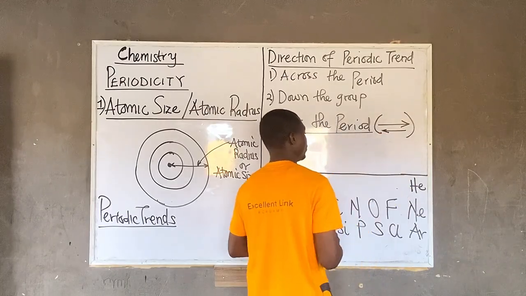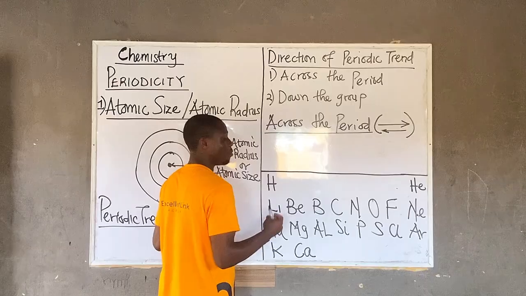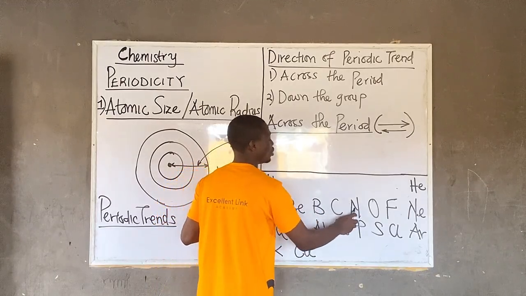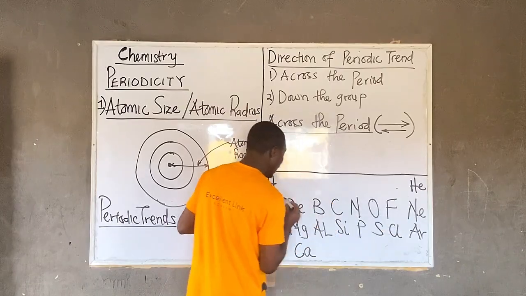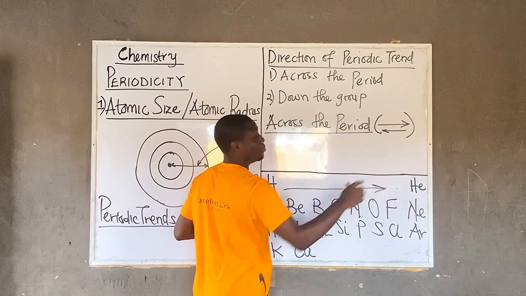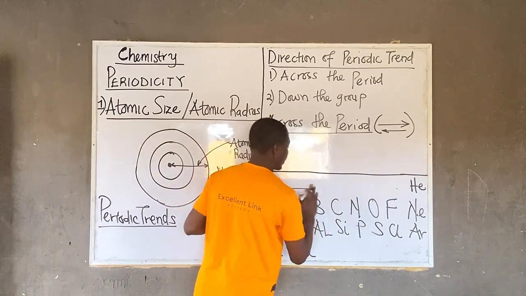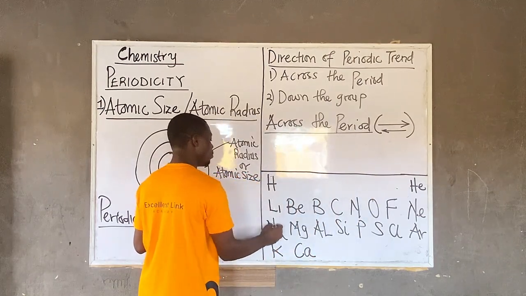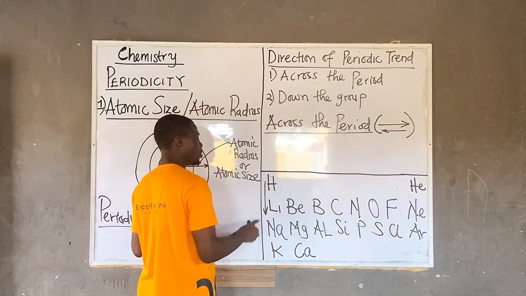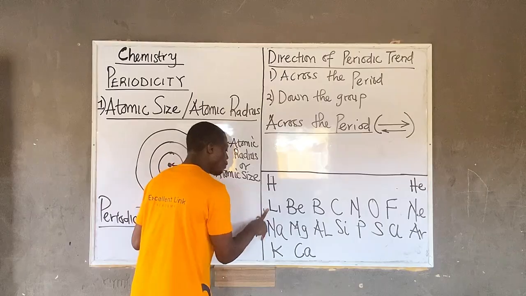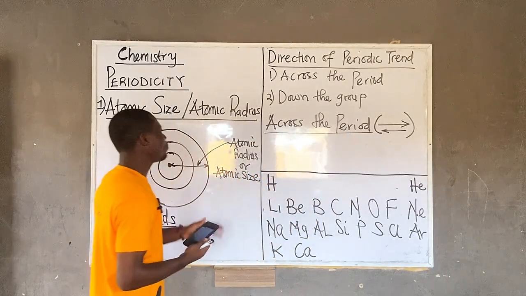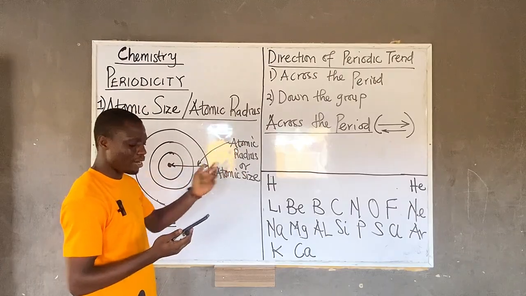If I'm saying lithium, beryllium, boron, carbon, nitrogen, oxygen, fluorine, neon, I am moving in this direction, and that direction is called across the period. But if I'm moving hydrogen, lithium, sodium, potassium, I am moving down the group.